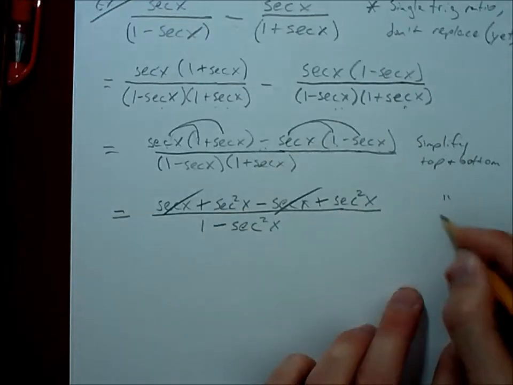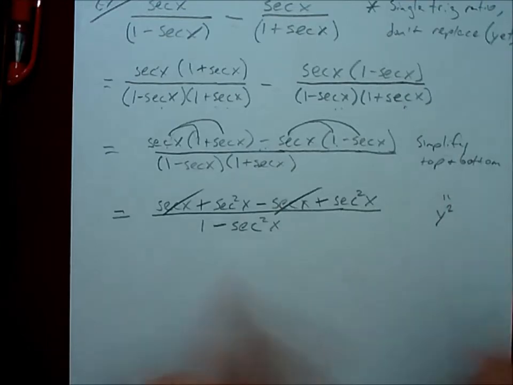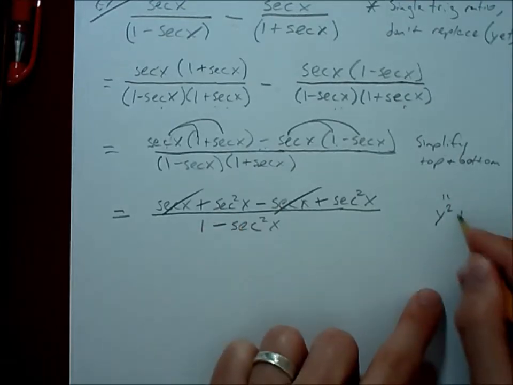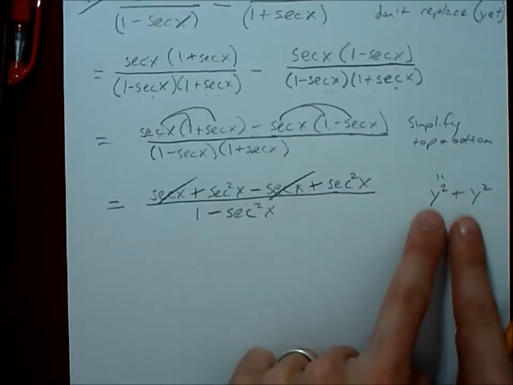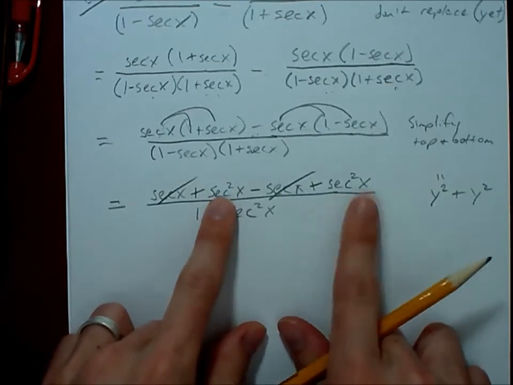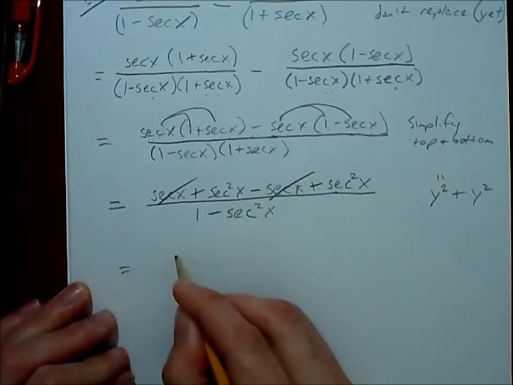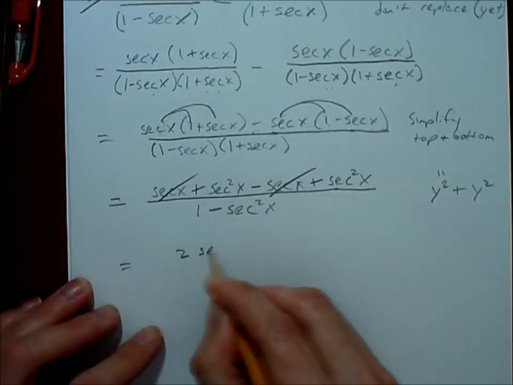And in case that doesn't make sense, let's pretend this was y squared plus y squared. Of course, you know that would be 2y squared. So same idea here. Secant squared plus secant squared is 2 secant squared.